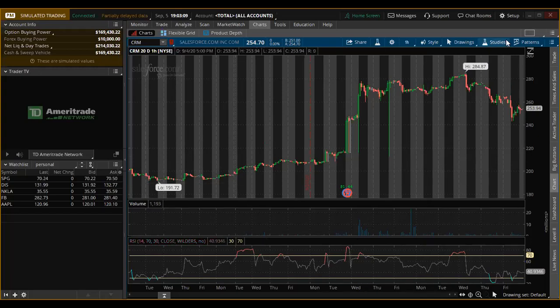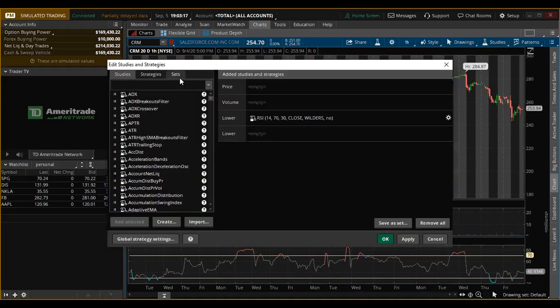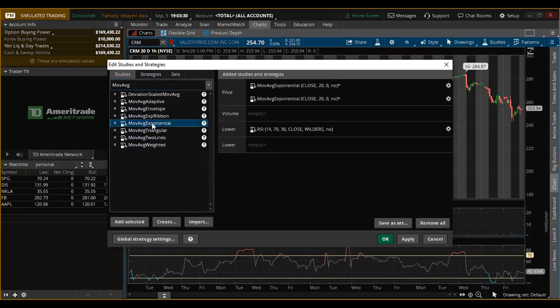So first, what I do is, and it's just my paper account, just so y'all know, I go to studies, I go to edit studies, and I add in my moving averages. So I do two moving averages, a 20 and a 200 day.